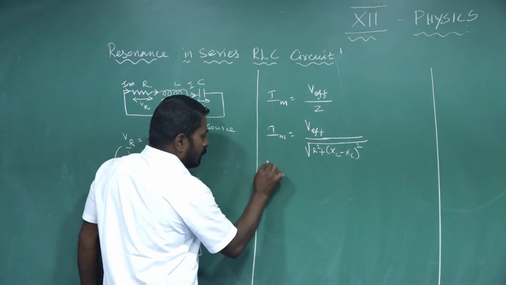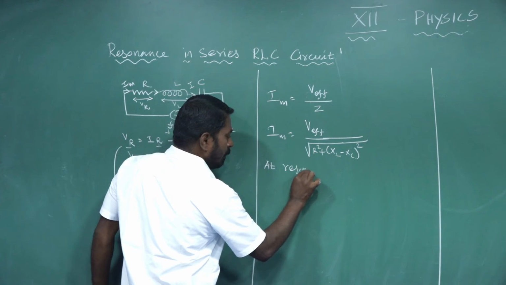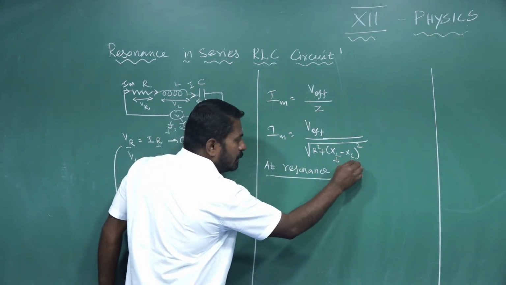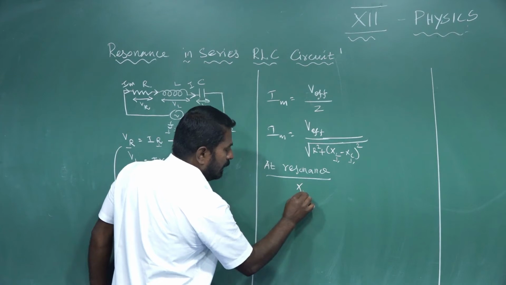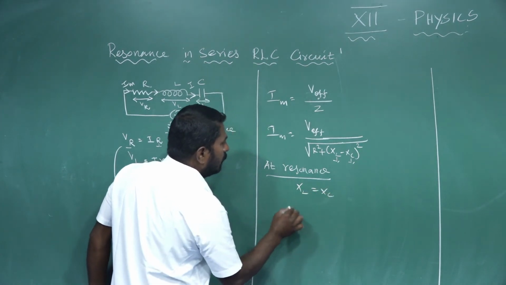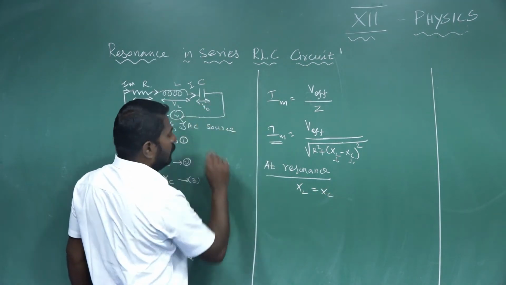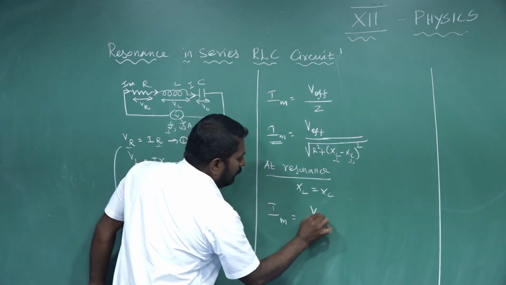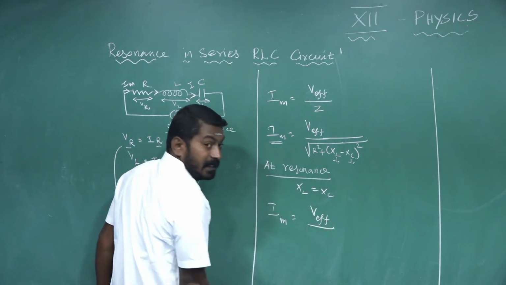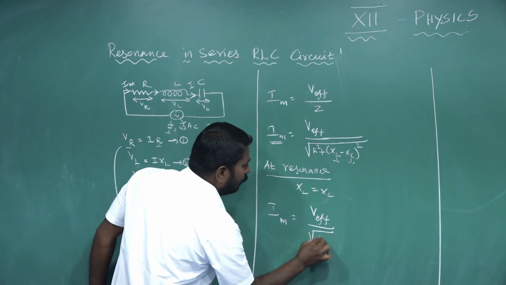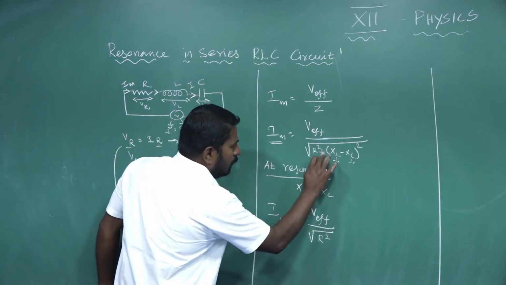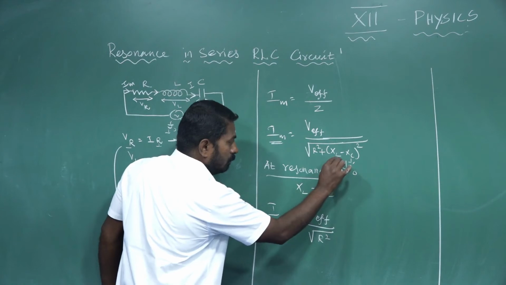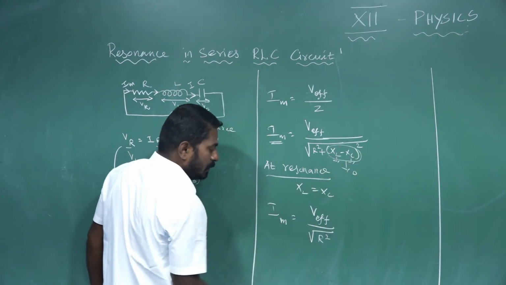At resonance, inductive reactance is equal to capacitive reactance, XL equal to XC. Then what happens? The current through the series combination Im is equal to the effective voltage across the series combination divided by the square root of R square plus XL minus XC, where this term becomes 0, which means the net reactance value becomes 0.